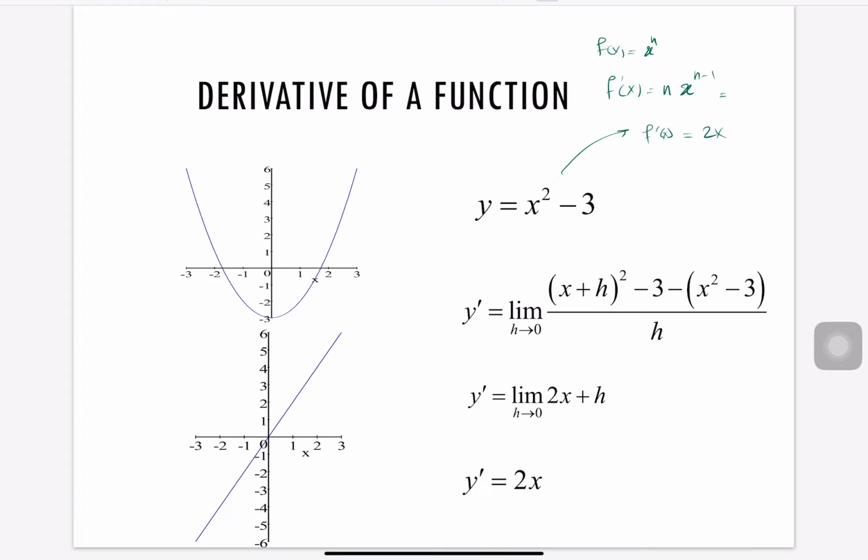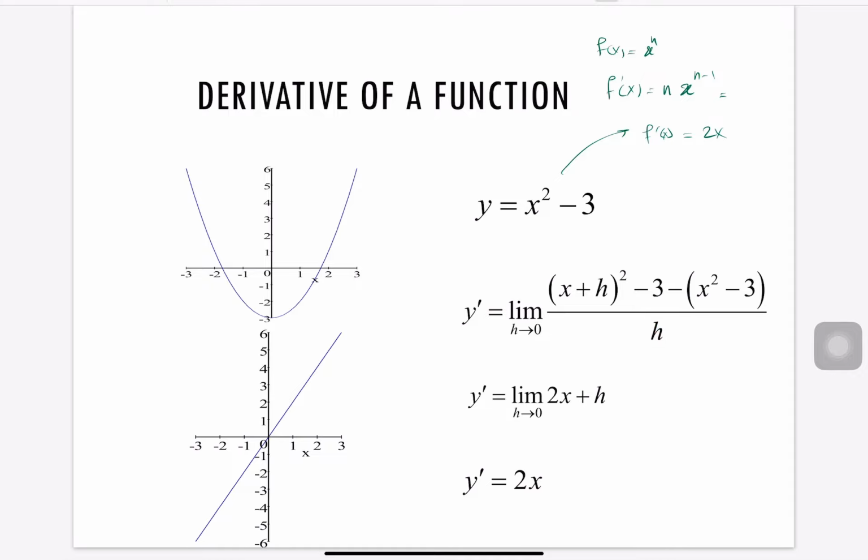But if we want the proof for the theoretical part of the exam, because in the final exam we usually have the theoretical part, we have to add some number. Instead of x, we have to write x plus h to the power 2, because the power 2 is here, and minus 3, and then we have to subtract the base function and divide by h.